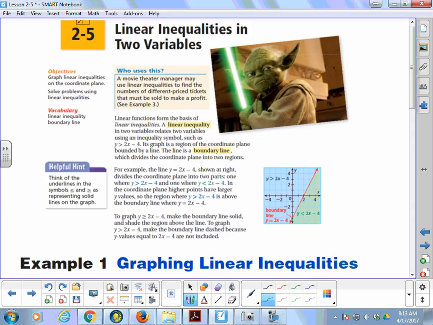Now the boundary line can be solid or it could be dotted, right? If the boundary line is solid, then that means you're working with either greater than or equal to or less than or equal to. If the boundary line is dotted, then that means it's either greater than or less than.